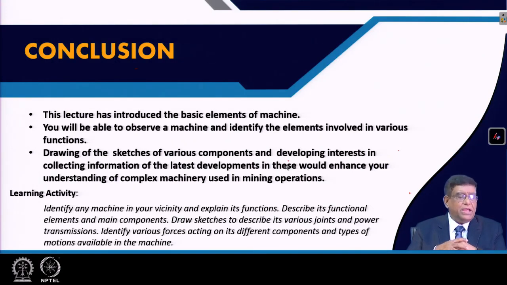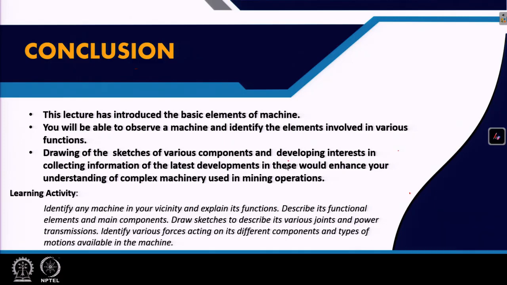So this lecture has introduced you to the different machine elements, so that whenever you see any machine working, you try to understand what the different parts working there are. Particularly the functional elements and the power transmission elements are most important. In our next class, I will discuss some of these power transmission systems.